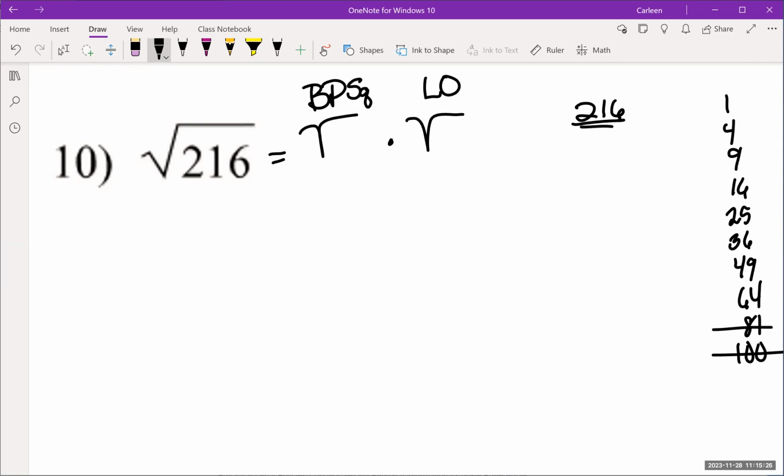Decimal, cross it off. 216 divided by 64. You know what? I'm looking at my notes from last year, and I did do it that other way. But we're going to do it both ways. 216 with the calculator divided by 49. Nope, decimal.